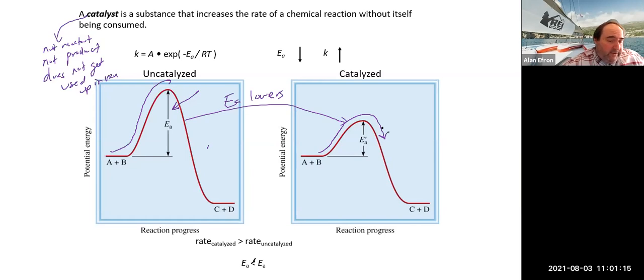There'll be a greater proportion of molecules that have enough energy to get to that other side, make more products, which thus would increase the rate of the reaction. So how a catalyst works is it finds an alternative pathway, lowers the activation energy, allowing more molecules to get to the other side faster, resulting in faster product formation.